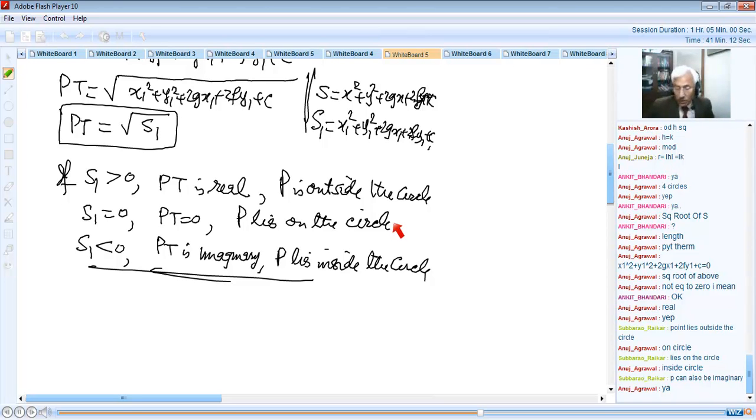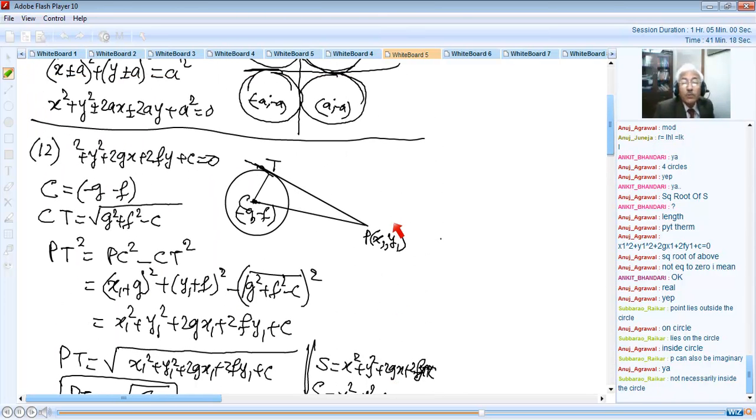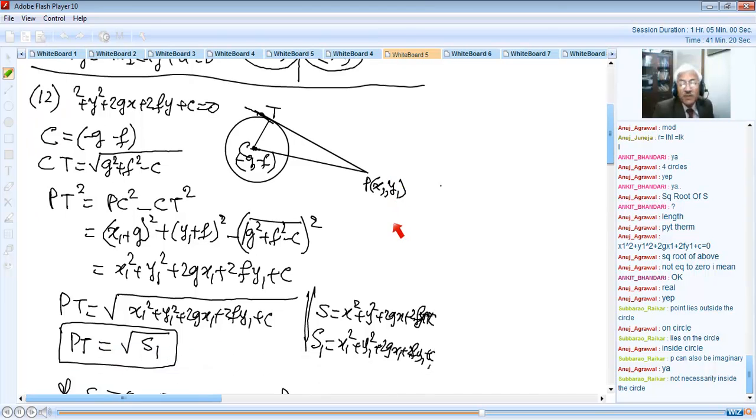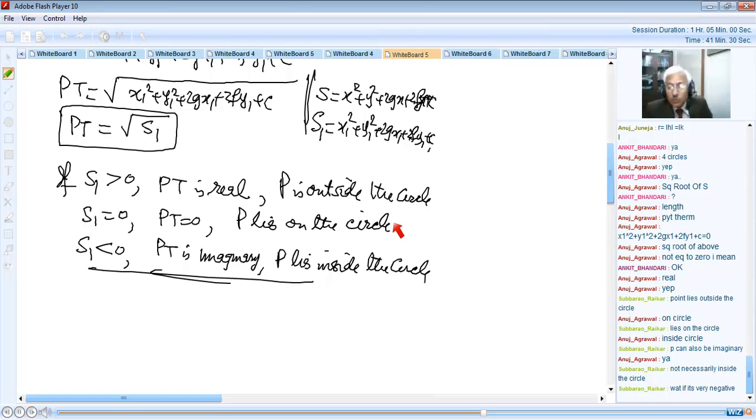Please understand that. So what I was talking to you about now was the position of a point P with respect to a given circle, whether P is outside, inside, or on the circle. That depends upon substituting the point in the equation.